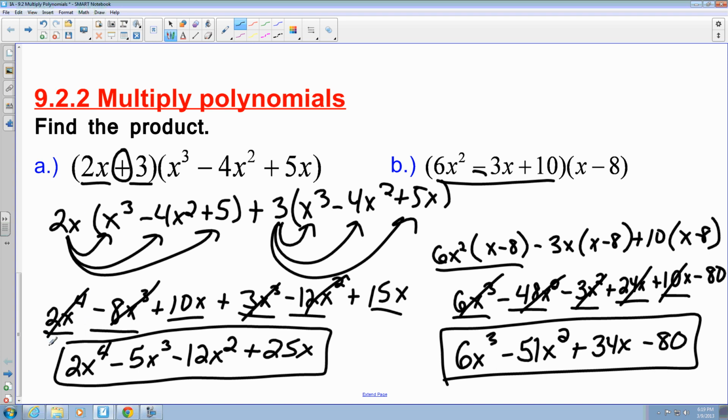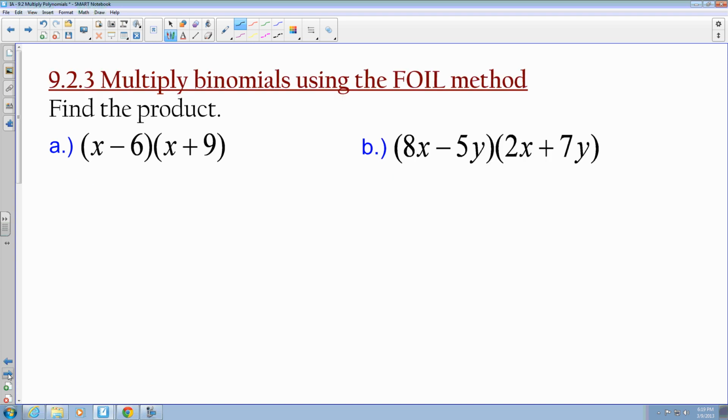All right. So that's one way you can multiply two polynomials. Another way is what is called the FOIL method. Now, the FOIL method is, first thing you're going to do is multiply the first value by this value and then this value.